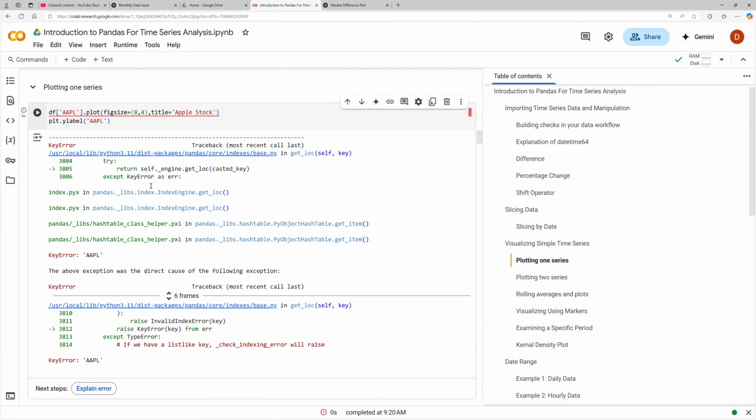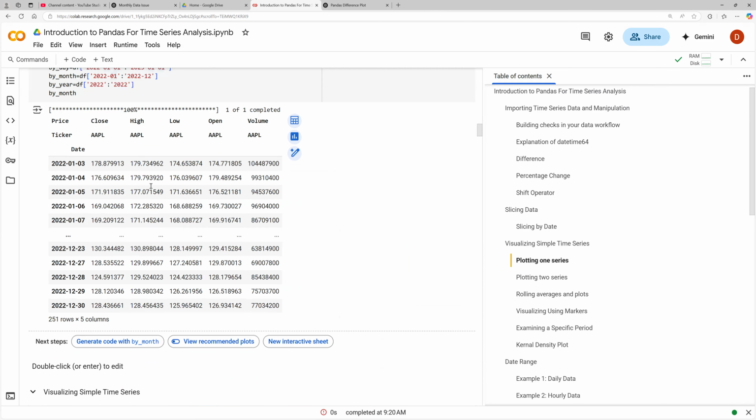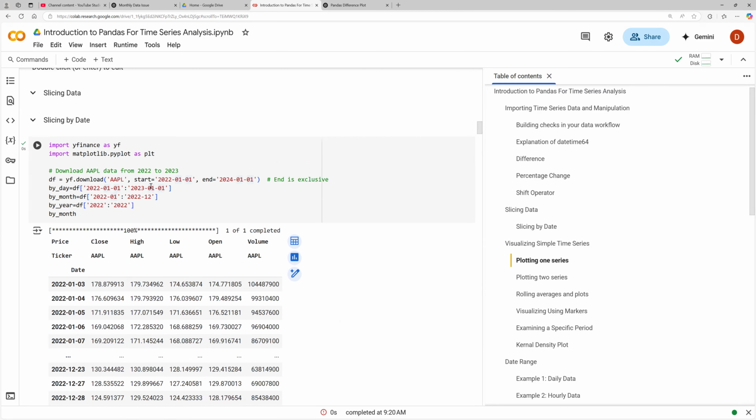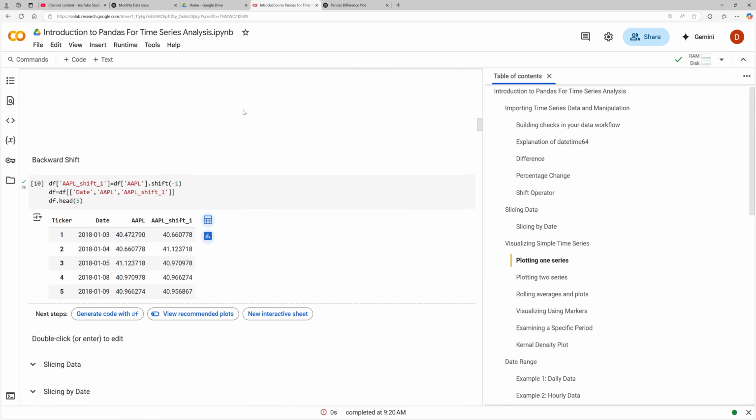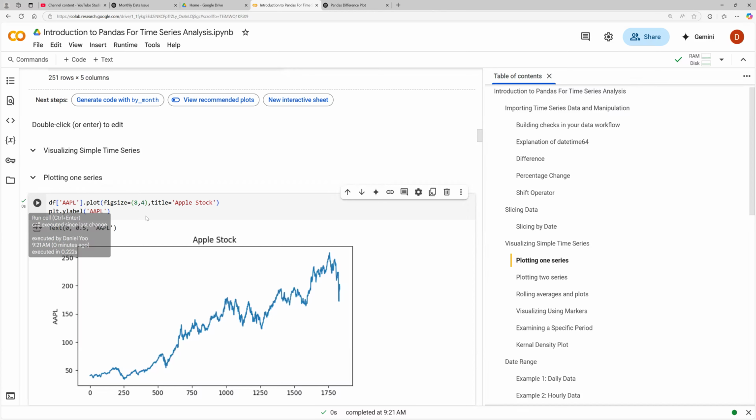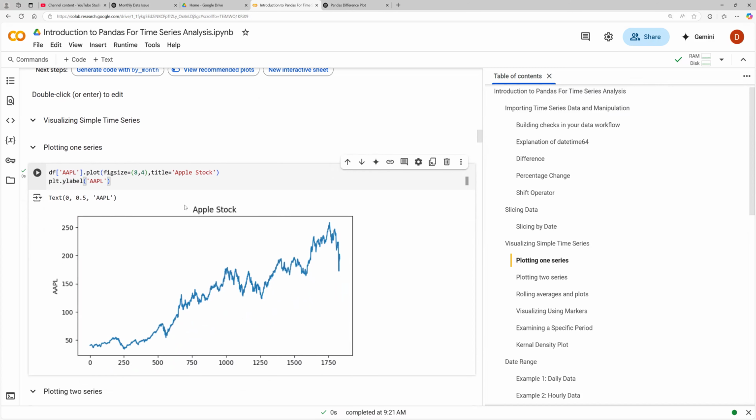Oh no, what did I do? I had to rerun the previous data set because it was picking up the one that I didn't want. But in any case, here's the smaller version of the graph for Apple stock.